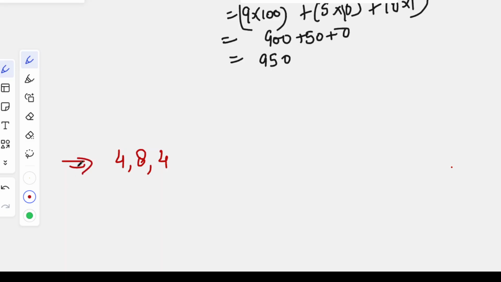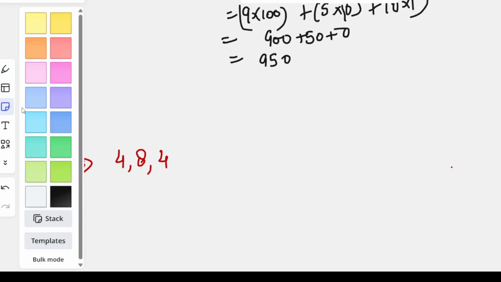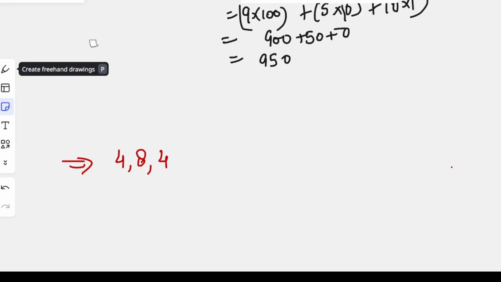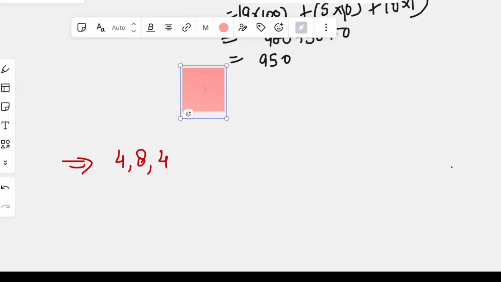Tell me in the comment section what number you get, the smallest one and the greatest one. Mention both. And always remember, we should not start a number with 0. Keep in mind, this is a very important fact while making numbers.